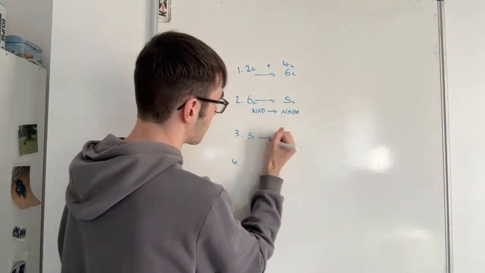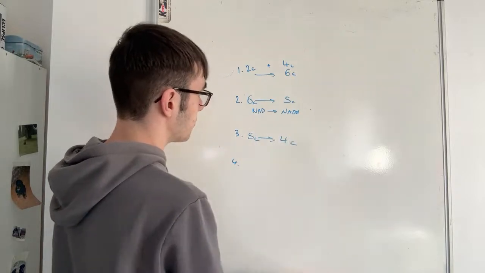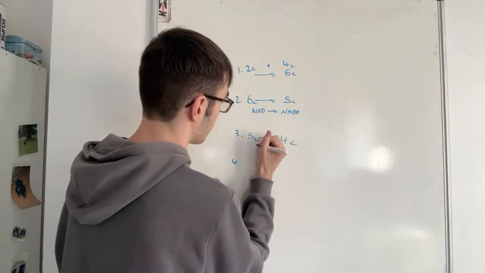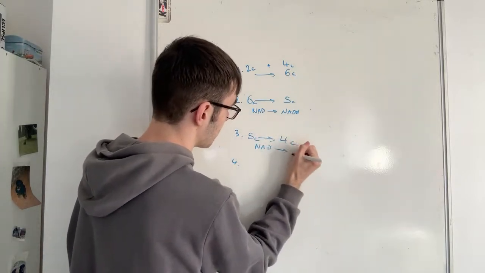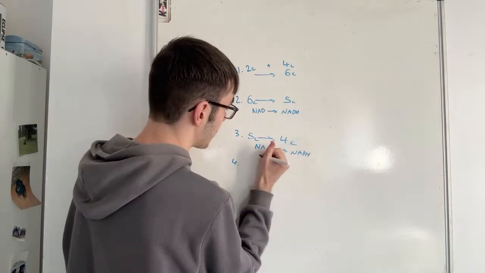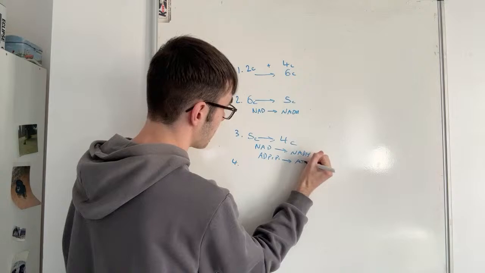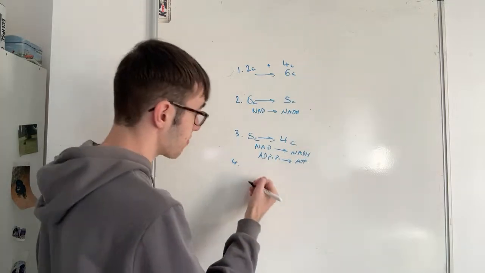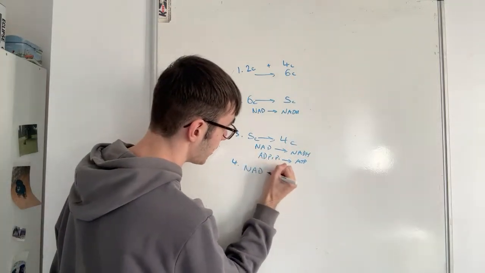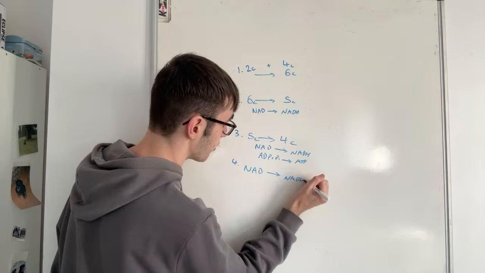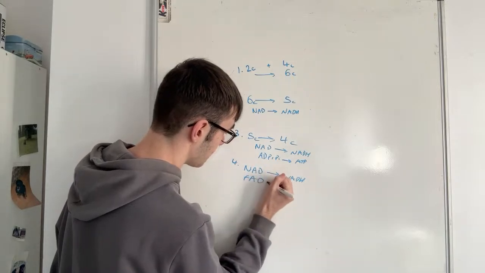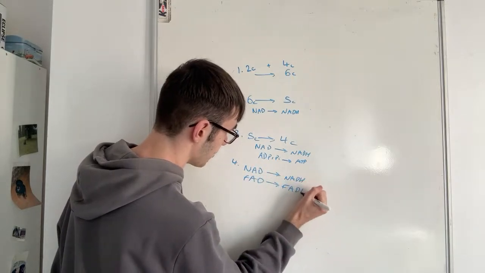We get decarboxylation of the 5 carbon compound into a 4 carbon compound, NAD into NADH, and ADP and Pi into ATP, or basically just a gain of ATP. And finally, NAD to NADH, FAD into FADH.